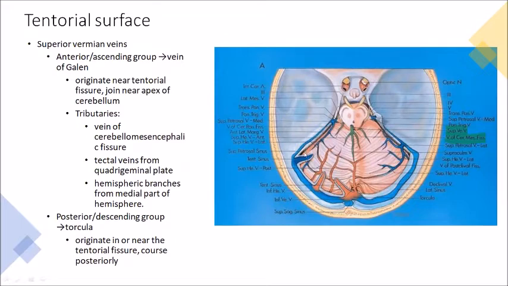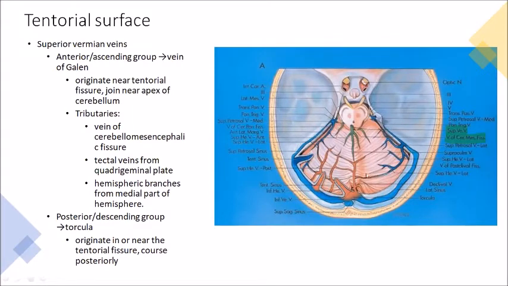Whereas the posterior or descending group, originating near the tentorial fissure, terminate in the torcula and course posteriorly. Here we can see in this picture the anterior superior vermian vein draining towards the vein of Galen, and the posterior or descending vermian vein draining towards the torcula.